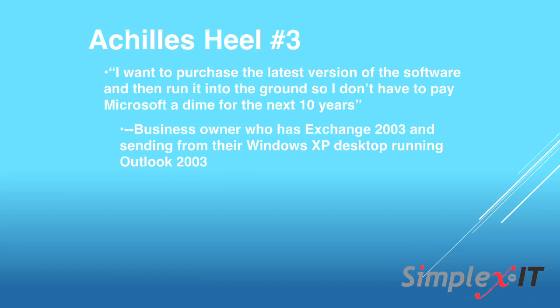Okay, and again, the Achilles heel number 3, and this is money. A lot of companies look at it from the standpoint that they bought their server 6 or 8 years ago and haven't upgraded it since. They bought their PC with that version of Office X number of years ago. You're absolutely right. If you look at it strictly as, we bought something and we're going to run that version into the ground, then a recurring revenue, subscription service isn't necessarily for you, because that's the way it is.